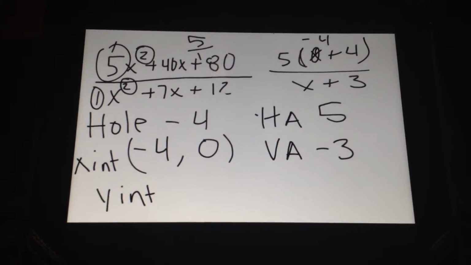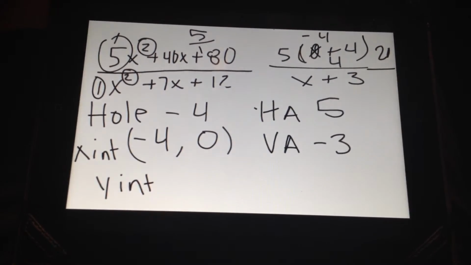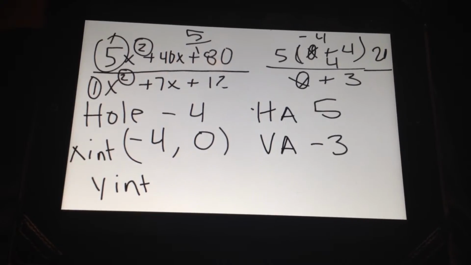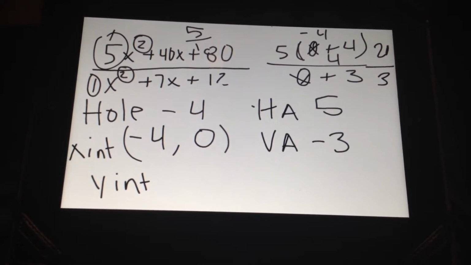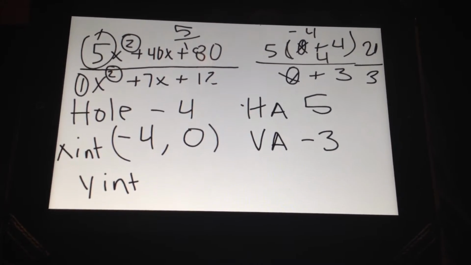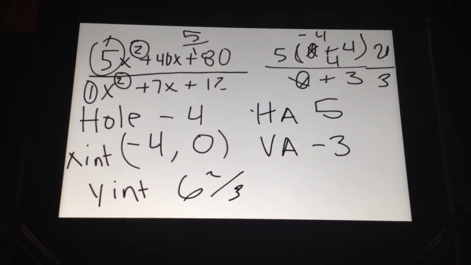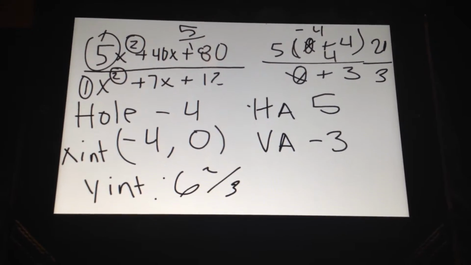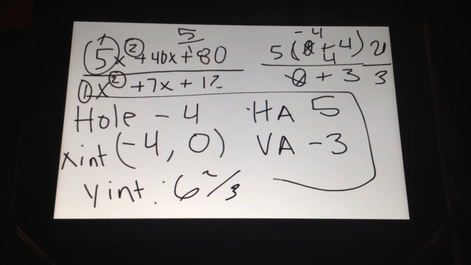Well, 0 plus 4 is 4, so 5 times 4 is 20. Over 0 plus 3, which is 3, so 20 over 3. Which is about 6 2/3. So let's just put that as 6 2/3, just to make it easier than 20/3. Now we have all the necessary information to graph it.